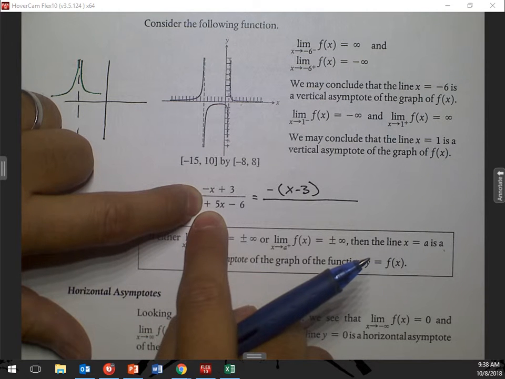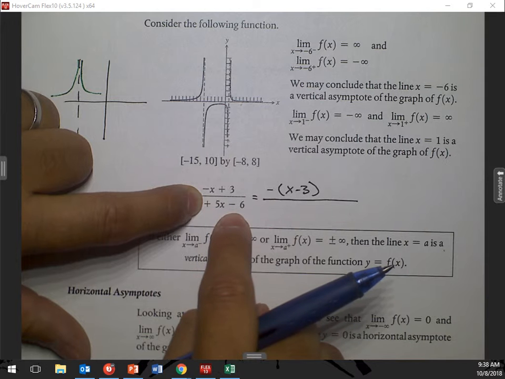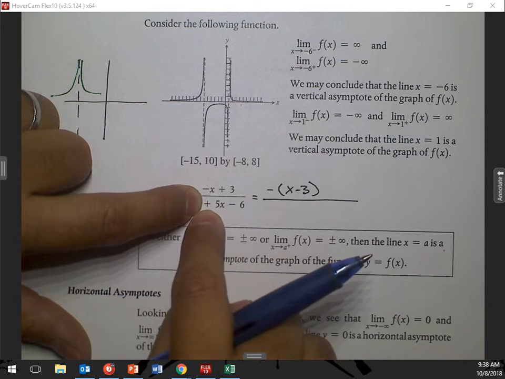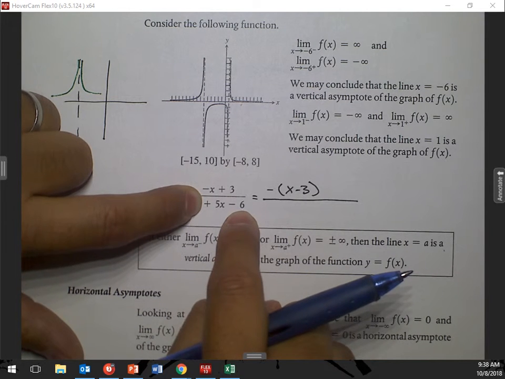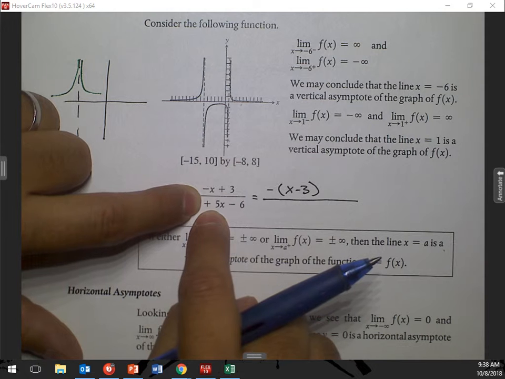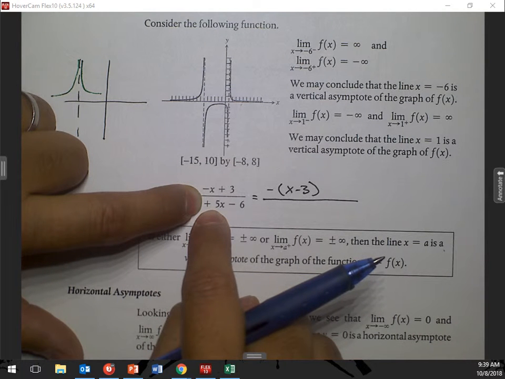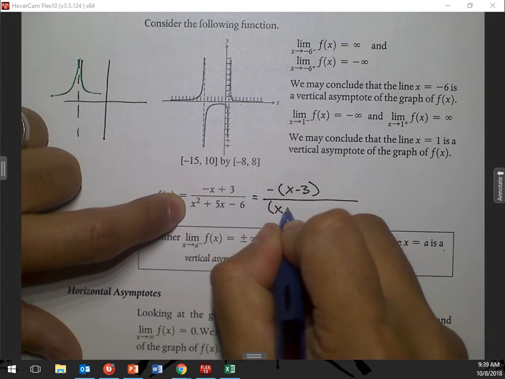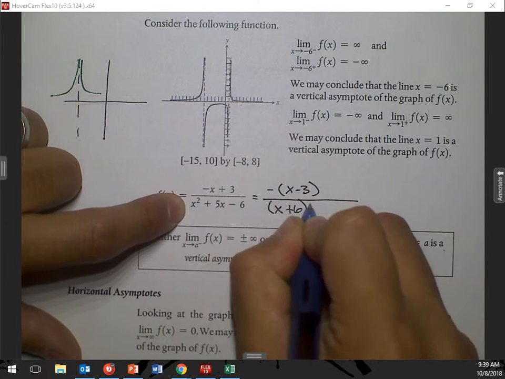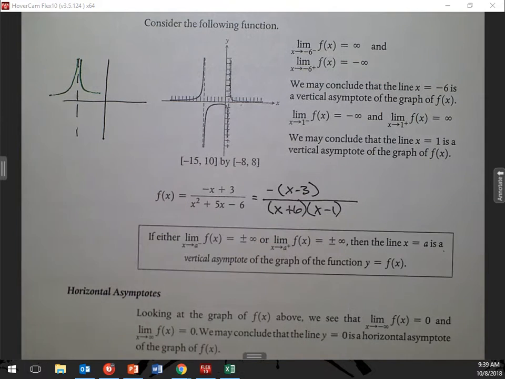So now, what two numbers are going to multiply to be -6, but add together to be +5? 6 and 1, right? So which one's going to be positive? 6. So it's going to be x plus 6, and x minus 1.